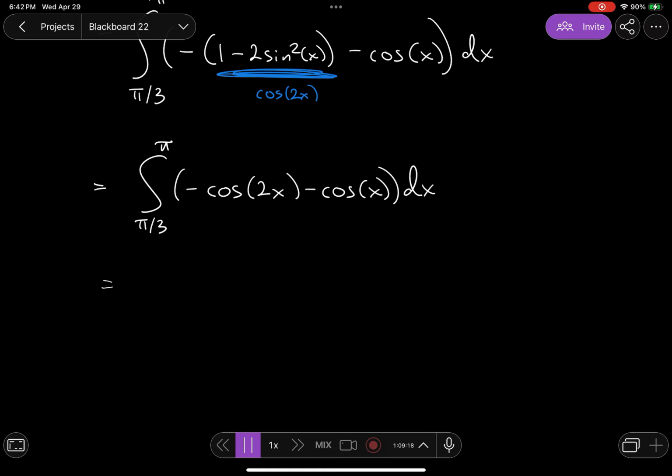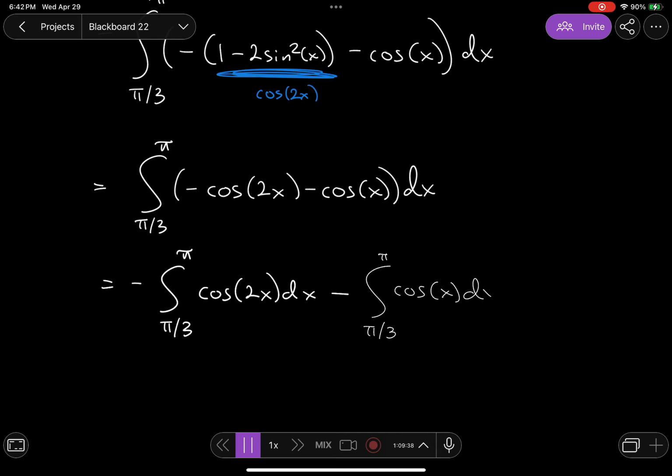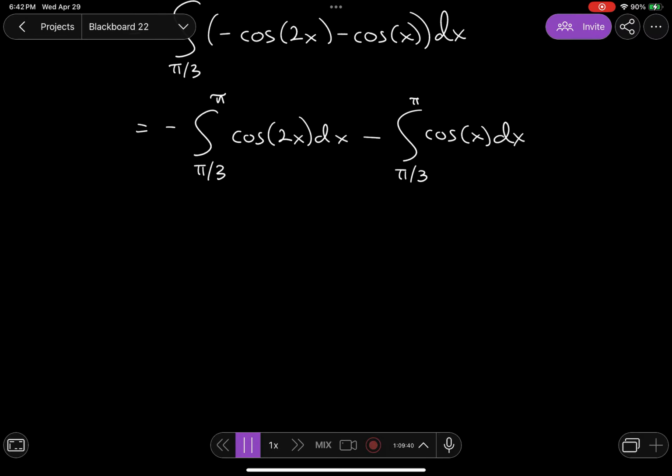This is the same thing as the negative of the integral from pi thirds to pi of the cosine of 2x dx minus the integral from pi thirds to pi of the cosine of x dx.